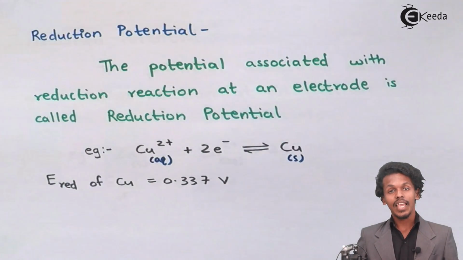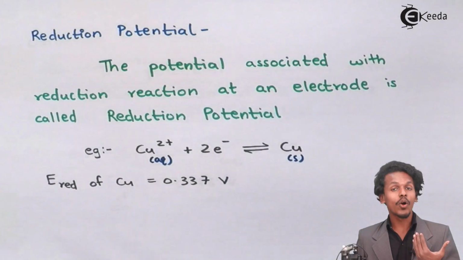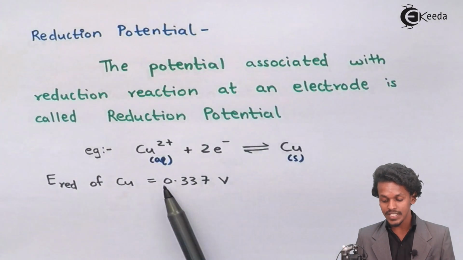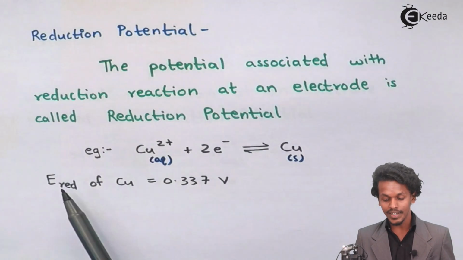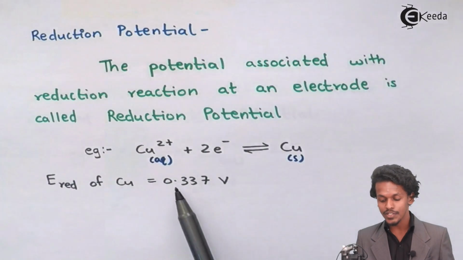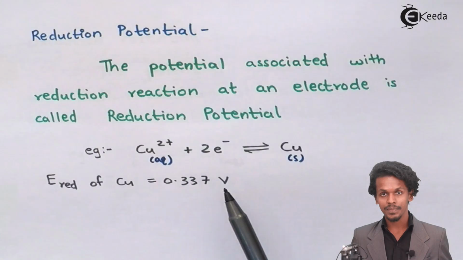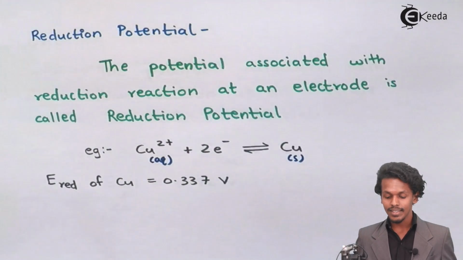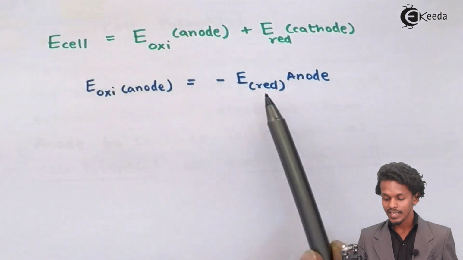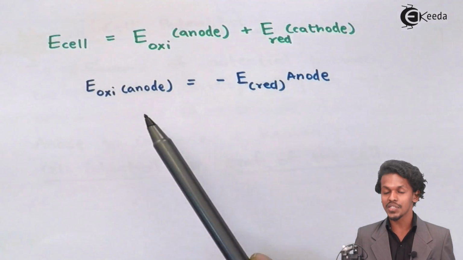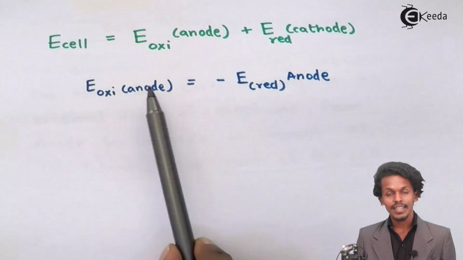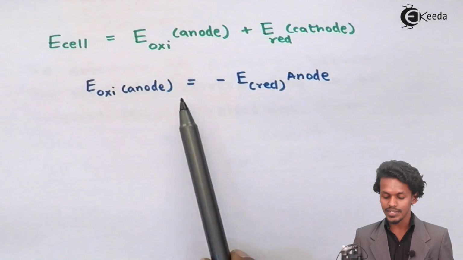If I have to calculate the oxidation potential of copper, it would be the reverse of it. That is, if it is plus 0.337 volt during reduction, then during oxidation it would be minus 0.337 volt. So the reduction potential is the opposite of the oxidation potential, and since both occur at anode, only the sign will change while the rest stays the same.